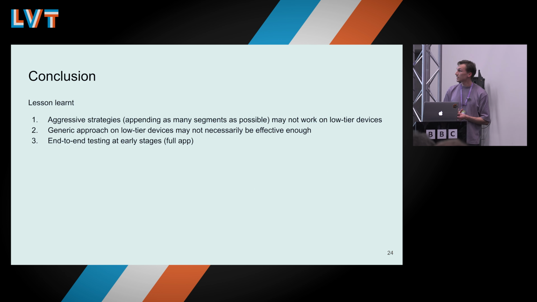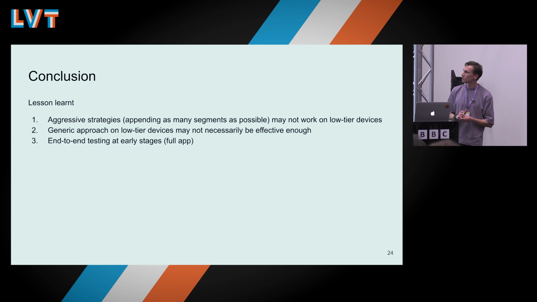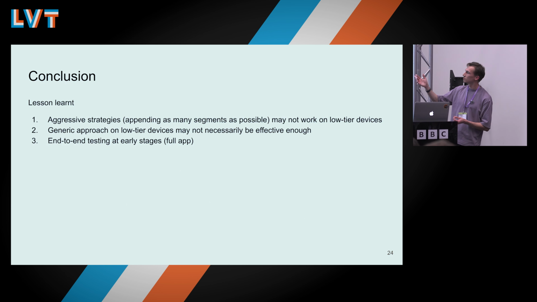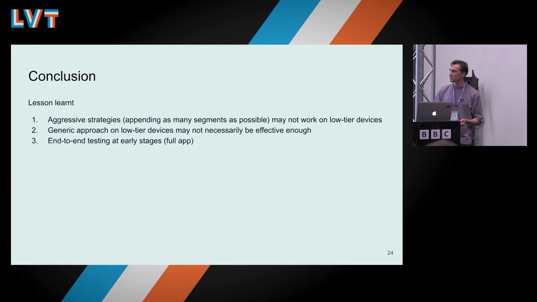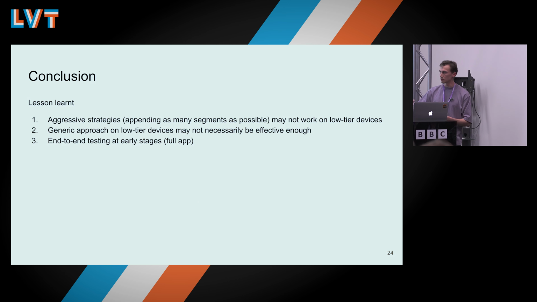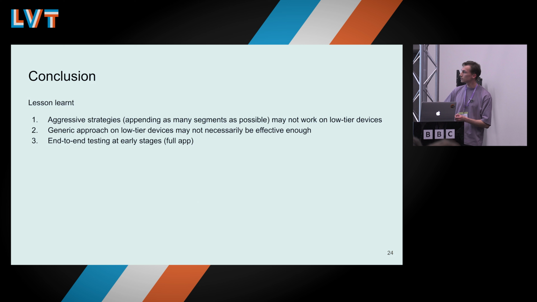The second thing is, because we ended up with a threshold which is device specific, a generic approach isn't always effective. We may need to compromise and use something local, which only works for this device, and measure it differently for the other device.